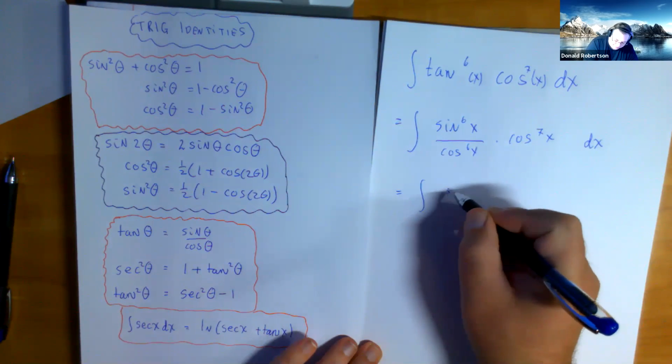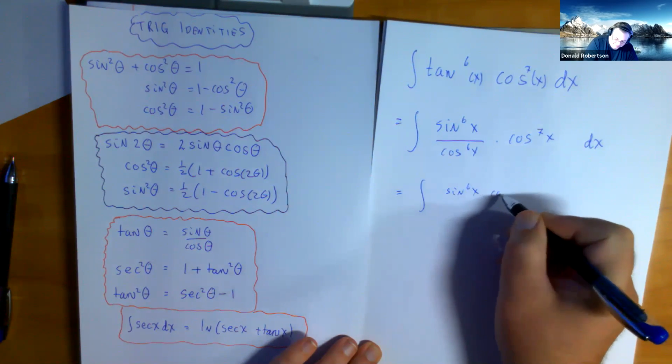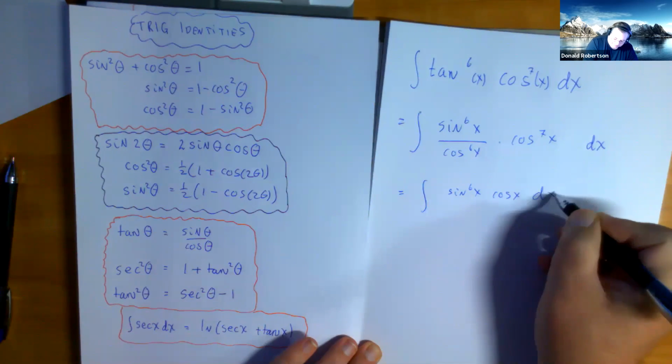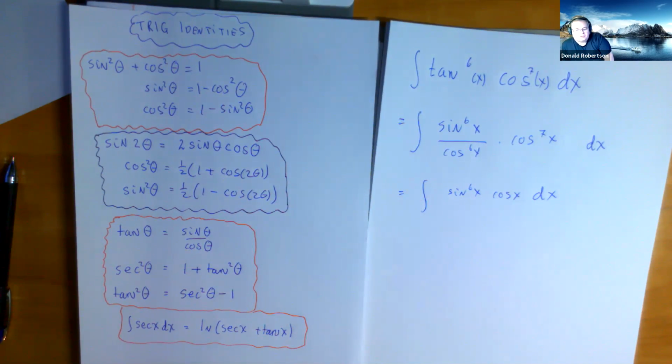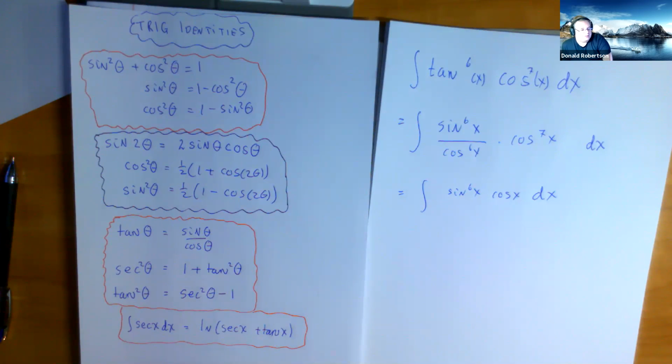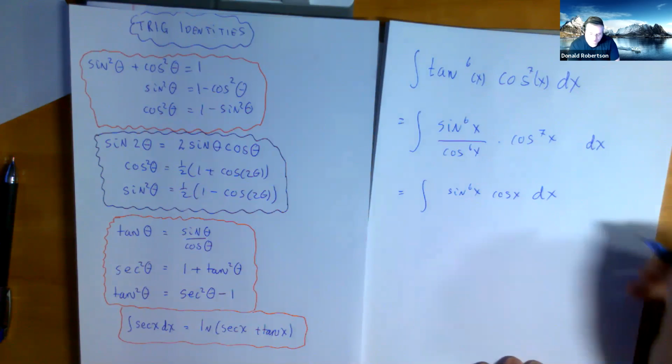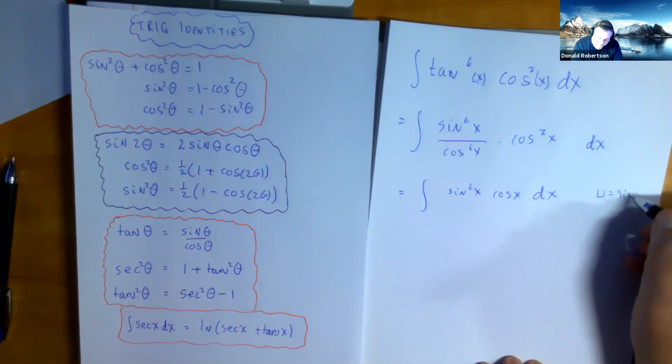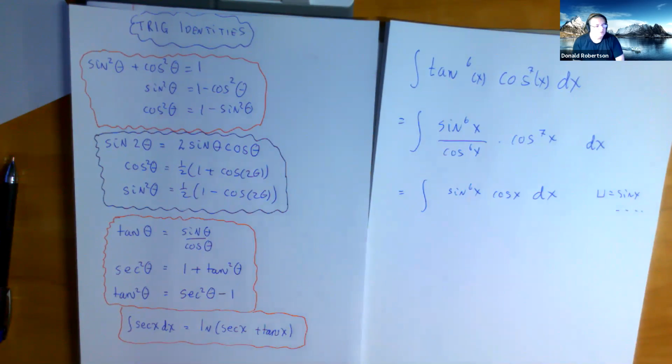And one's going to be left over, right? Now, do you recognize that guy as a guy that we've done today? Isn't this a u sub? Just make sure you pick the right one and you're good to go. What is the correct u sub in this question? Fine. Agreed. And... right?